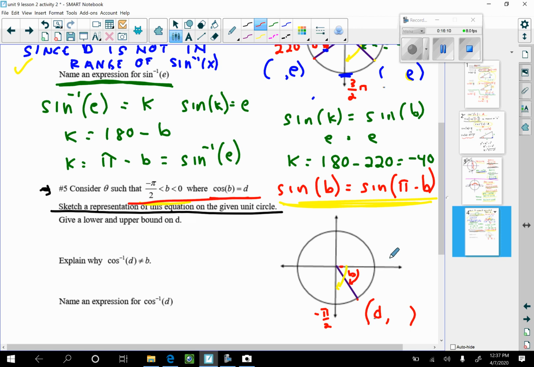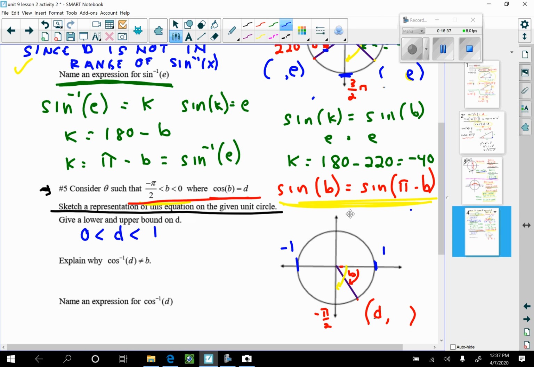So I want a lower and an upper bound on d. Well, what do the cosine values give me? They give me x values that go from negative 1 to 1. But this d is over here. It's in quadrant 4. So therefore, I know that d has to be greater than 0, and it's going to be less than 1.